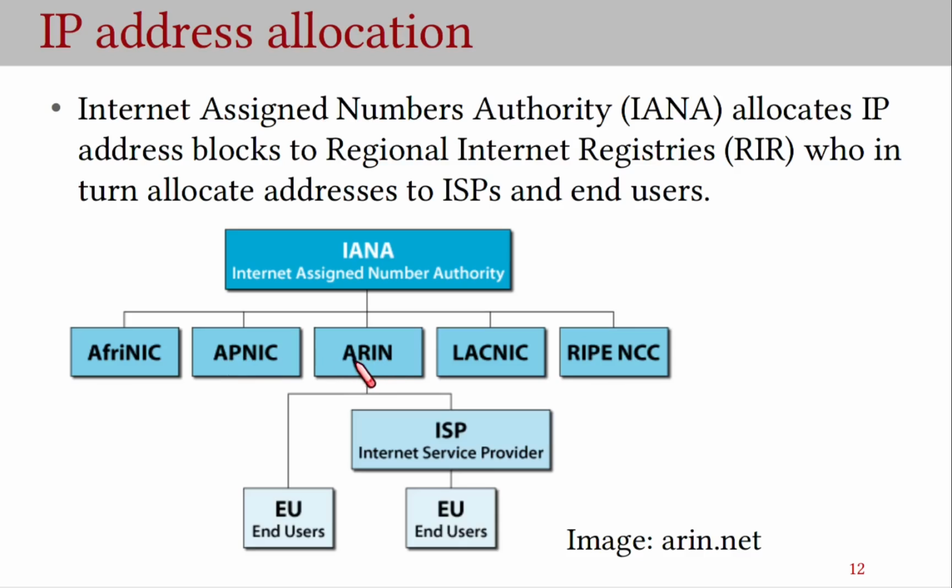This is US and Canada, so it's ARIN. In Latin America, it's LACNIC, and RIPE handles Europe, West Asia and Central Asia. These regional registries in turn allocate IP addresses to ISPs or to customers.